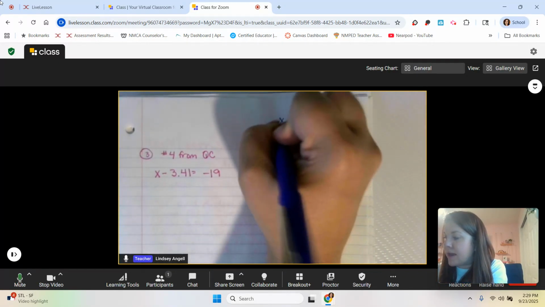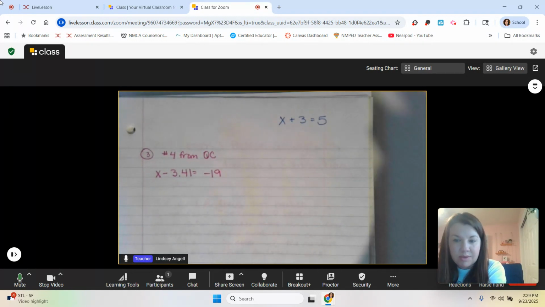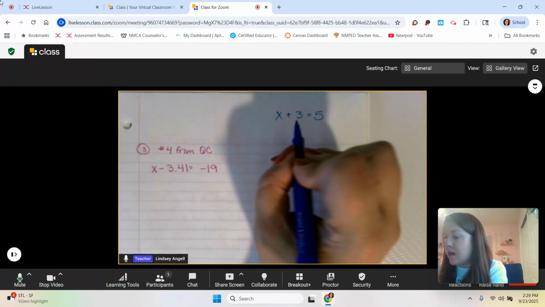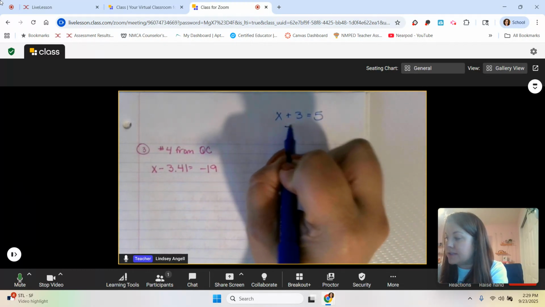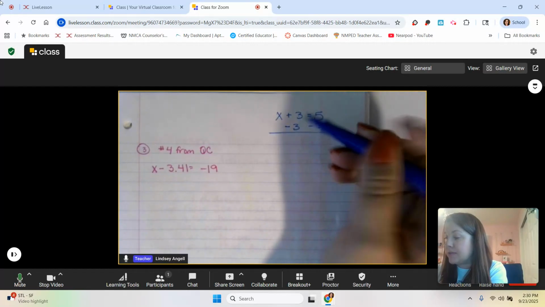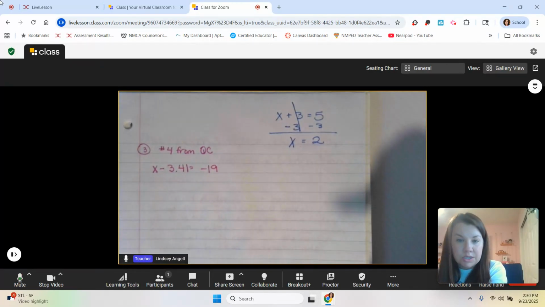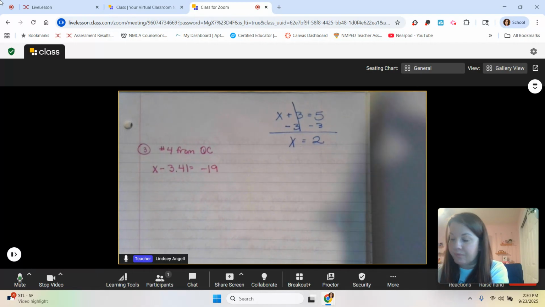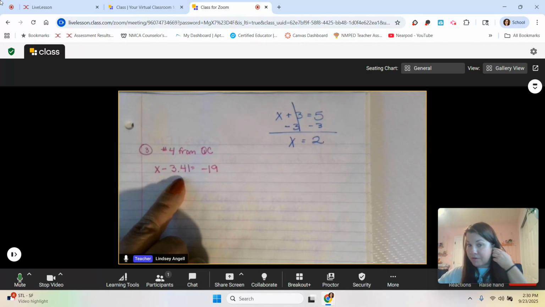So like if you had x plus 3 equals 5, you might know the answer already, but again, since we're focusing on building that habit of showing operations on both sides, I would subtract 3 from both sides. 3 minus 3 is 0, so those cancel, and x would be equal to 2. Okay? But anyway, back to our quick check problem number 4.